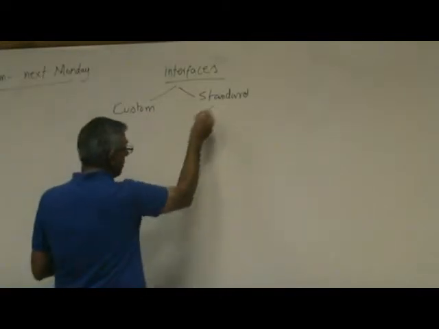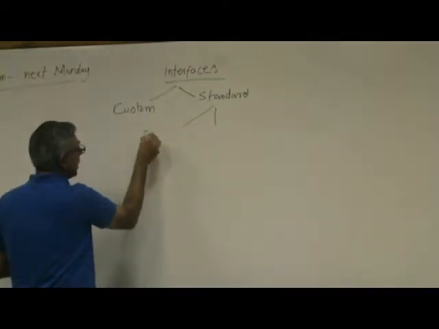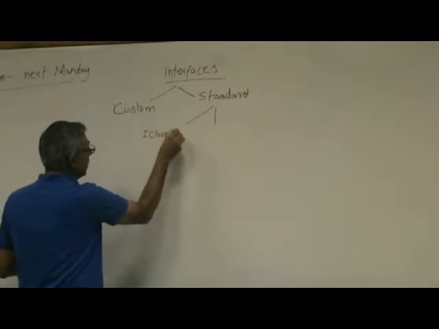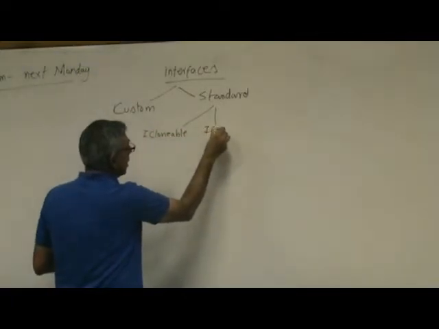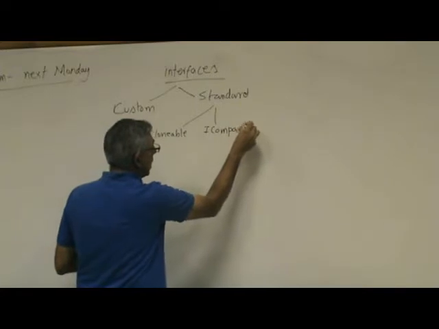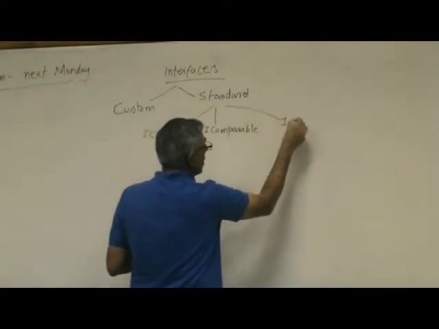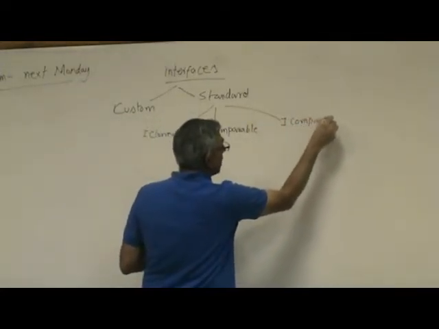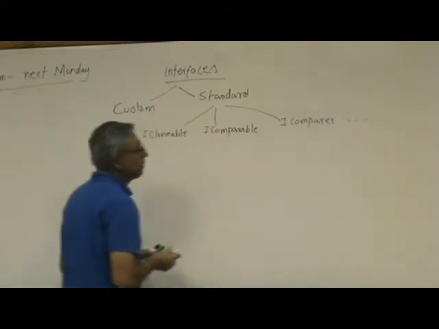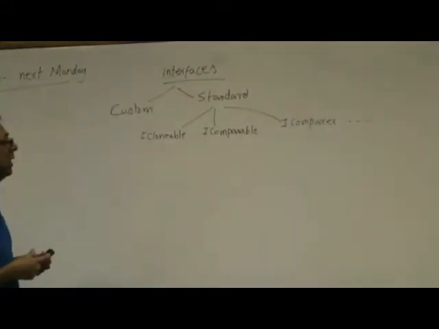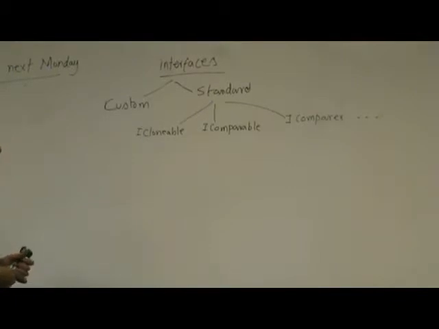So we were looking at some of these popular interfaces, such as IClonable, IComparable, and IComparer, and so on. Equality comparer, and there's many. Okay, so as a minimum, we should know 3-4 of these very nicely.